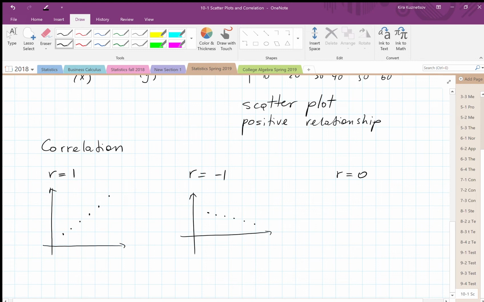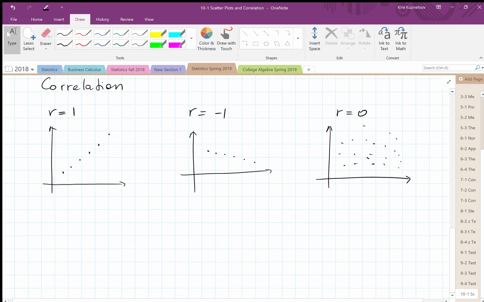A correlation of 0 means that I have a cloud. This is correlation 0. A few other ones that are in between might look something like this.